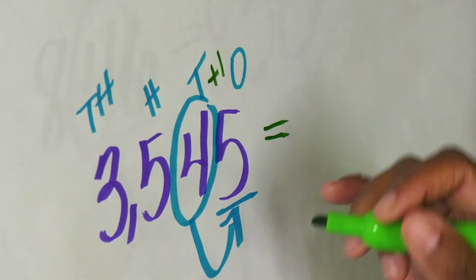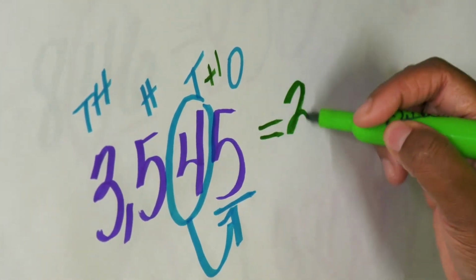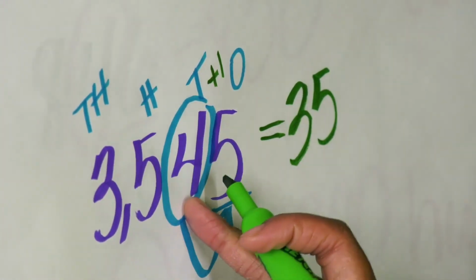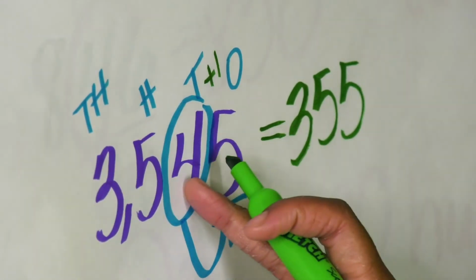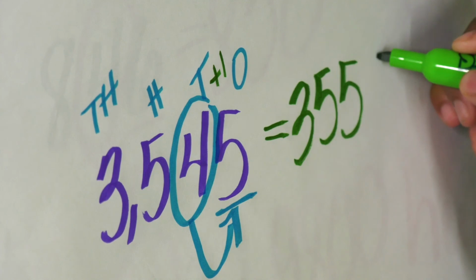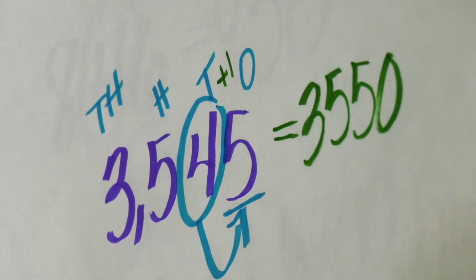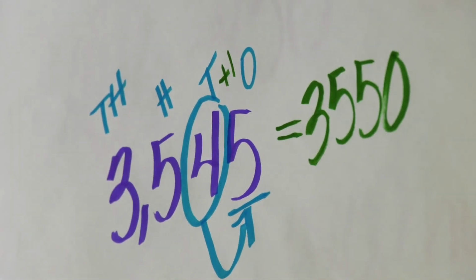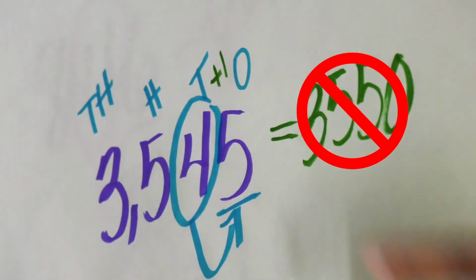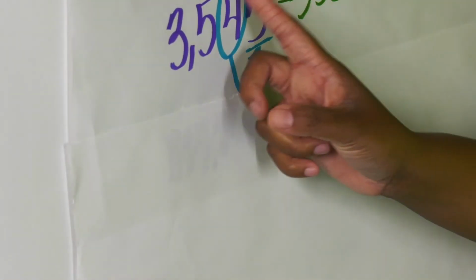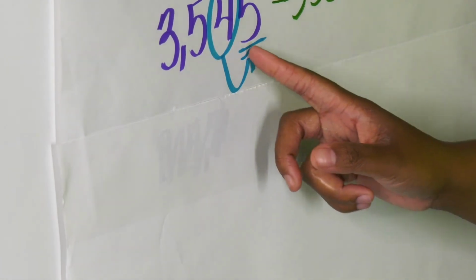The numbers in the front stay the same, 3, 5. The 4, we're adding 1. 4 plus 1 is 5, and the numbers after our circled digit become a 0. Does that look like this? No. So it's not rounded to the nearest tens place. Okay? So we just rounded 3,545 to the nearest tens place, and that was not correct.